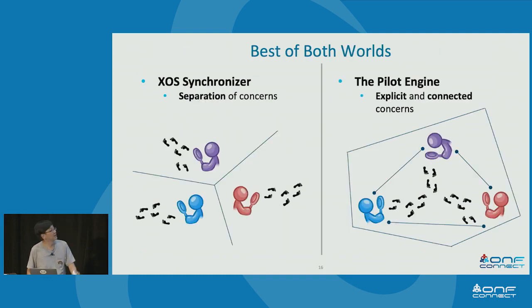So XOS synchronizer and the pilot engine have different advantages. XOS synchronizer has a good separation of concerns, so programmers only need to focus on their own jobs when they develop a workflow. But in the pilot engine, once everything is connected, everything is monitored automatically, so we want a centralized view of those workflows and the tasks in a workflow.